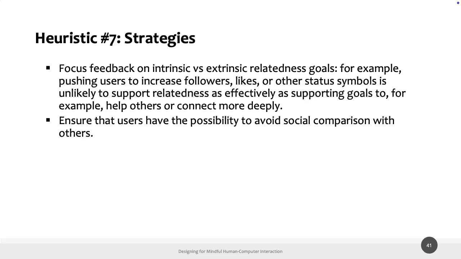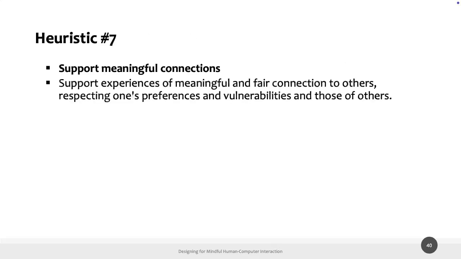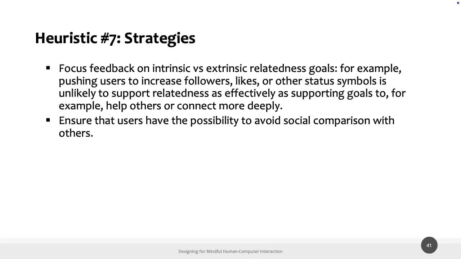Basically, we need to ensure that users have, for example, the possibility to avoid social comparison with others if they want. And in general, it's important to support this kind of meaningful connection experiences.